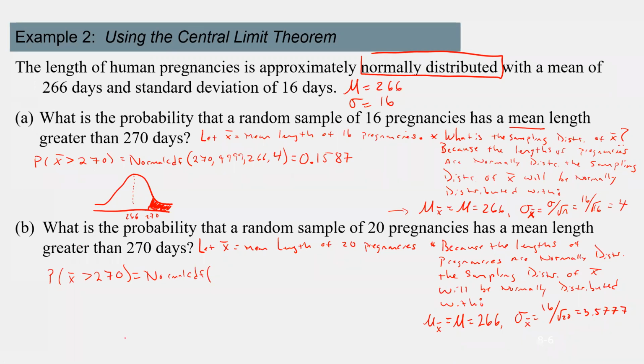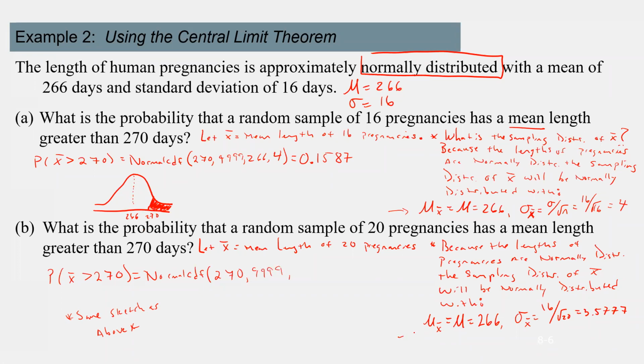Oh, what did I forget to do that really helps? Sketch, but it's actually the same sketch as up here, okay? So my lower is going to be 270. My upper is going to be 99999.